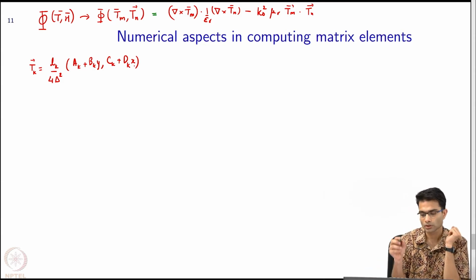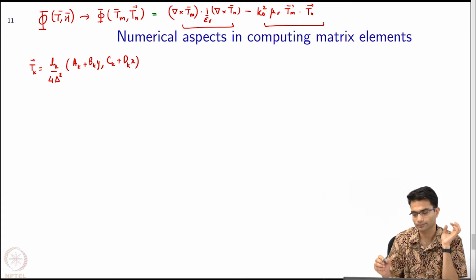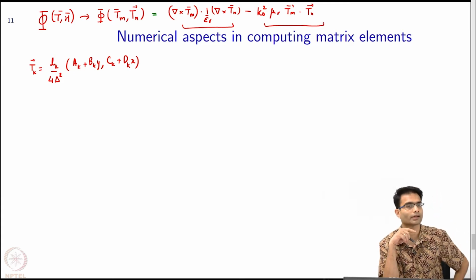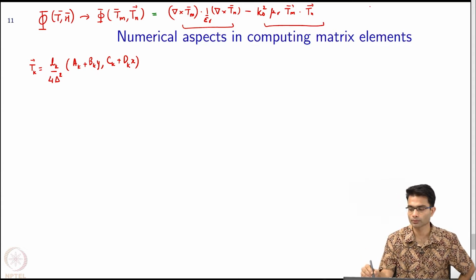You have two terms over here, first term and second term. For the first term, I need to calculate curl of T. So, when I calculate curl of T, what do you think will happen over here? This is a vector. To calculate curl, what do I do? x hat, y hat, z hat, d by dx, d by dy, d by dz, then I put A k plus B k y and C k plus D k x, 0.